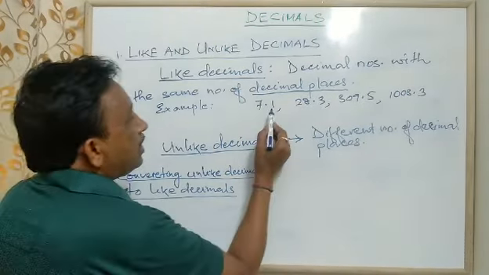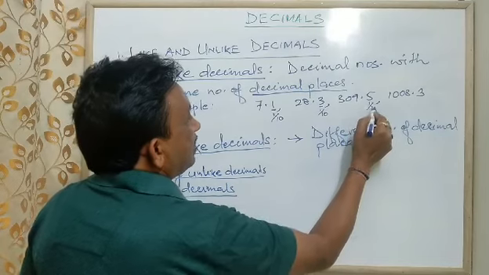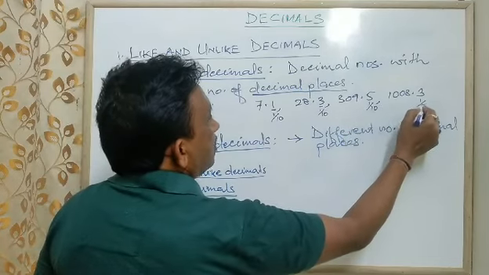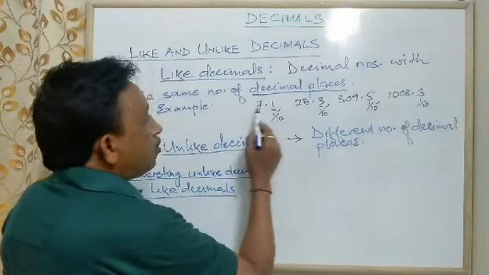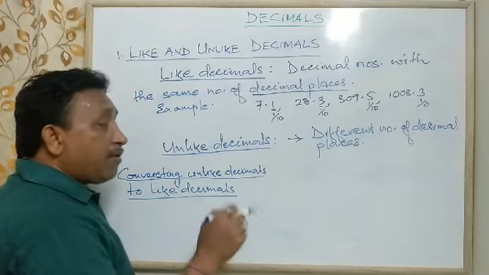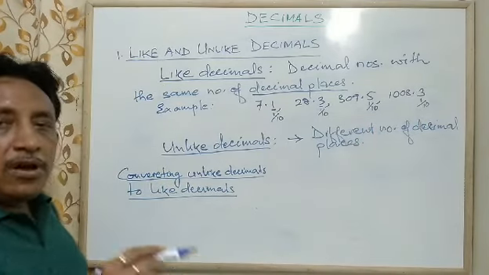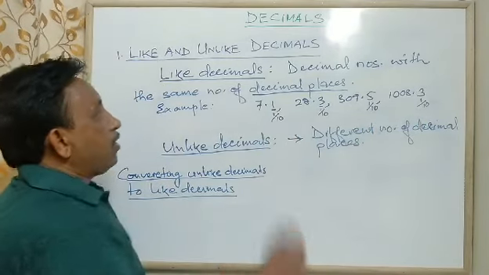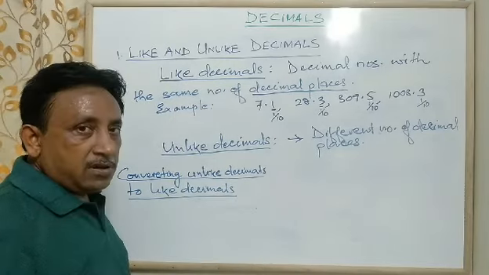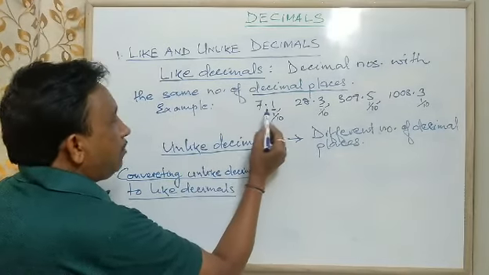This is the 1/10th decimal place, this is the 10th decimal place, this is also the 10th decimal place, here also it is the 10th decimal place. So all decimal numbers having the same number of decimal places are called like decimals. I hope this is clear.